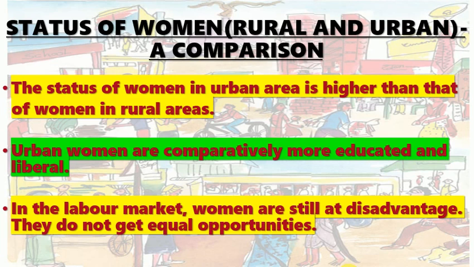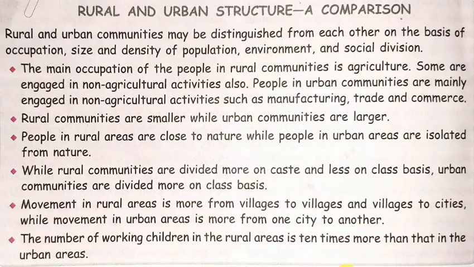This was the comparison between the status of a rural and urban woman. Now we will also be comparing the rural and urban structure. Rural and urban communities may be distinguished from each other on the basis of occupation, size of population, environment and social division.